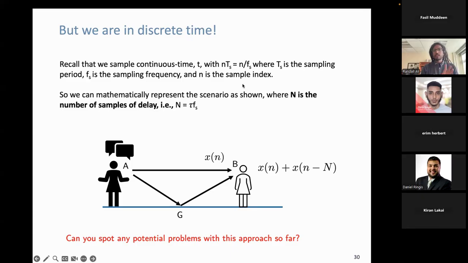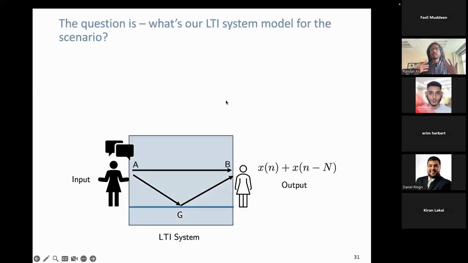Okay. So that's our very, very basic system here. The output is x[n] plus x[n minus N], which consists of the direct path plus some delayed version of that. And so the question is, what's your LTI system model for that scenario?